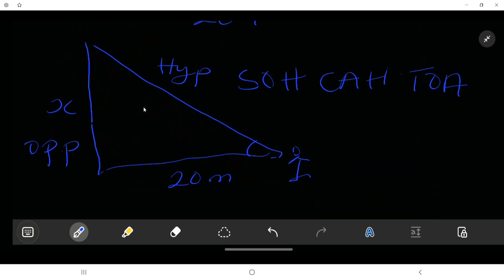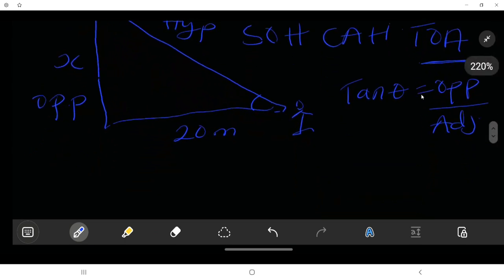When you look at this diagram, you can see that we're dealing with opposite and adjacent, because those are the things we are working with. So we are going to use the formula tan. That's tan theta equals opposite over adjacent.